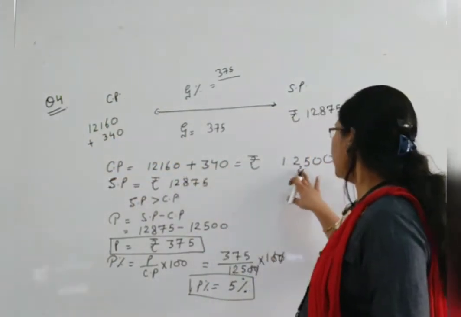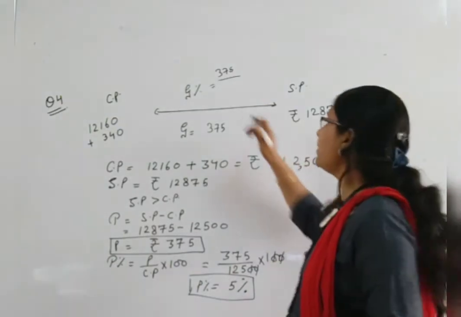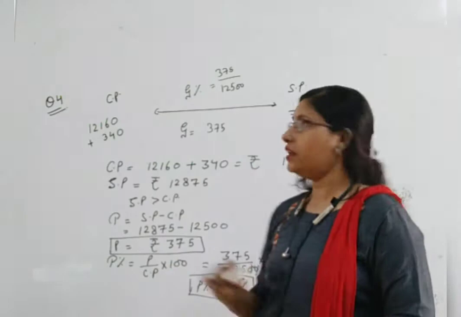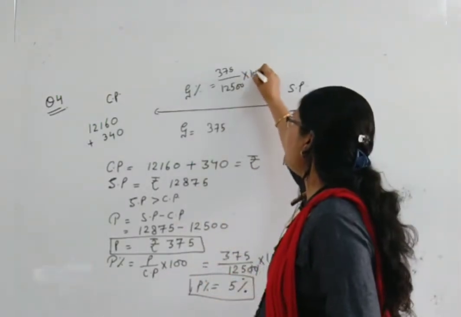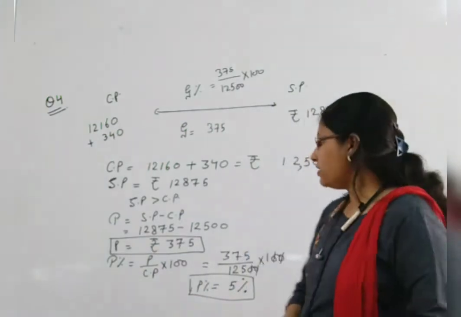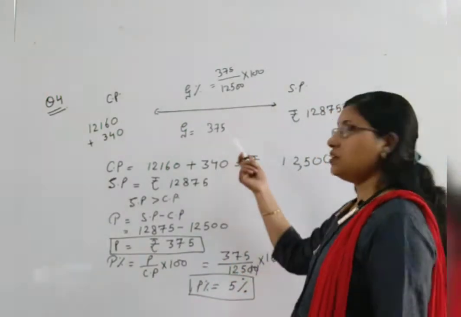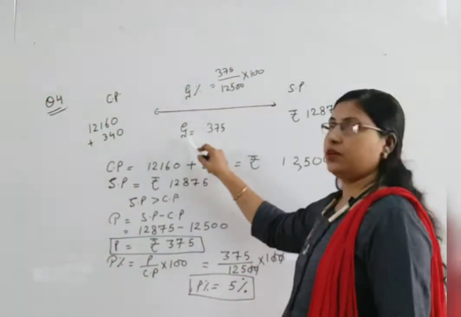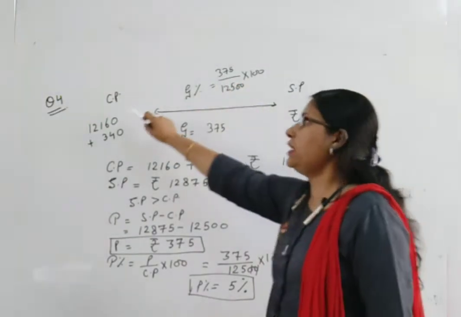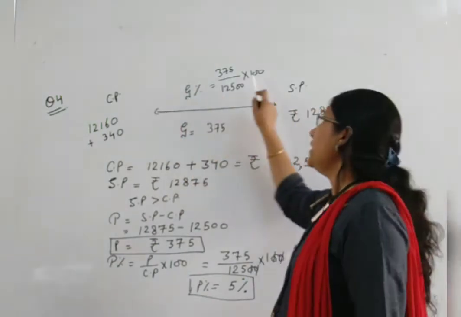And how much CP is there? 12,500. So that 12,500 will be in the denominator multiplied by 100. So then we will get the percentage form of profit. So that we have done here. So this is the formula only. This is what? Profit. So we have written it here. The profit upon CP, because CP is on the left side, into 100.